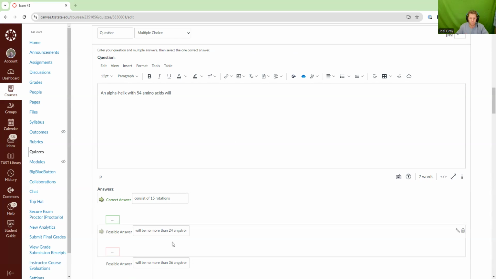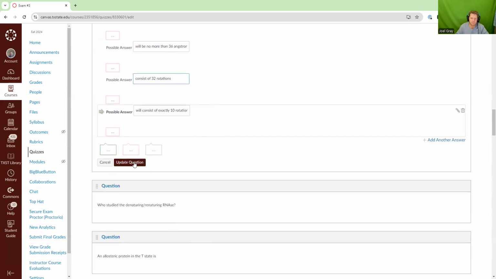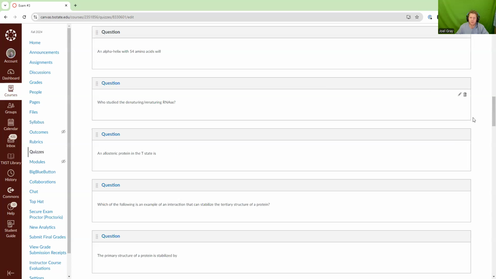So that would be 81 angstroms tall. So the answer will be no more than 24 angstroms tall is wrong. Will be no more than 36 angstroms tall, that's also wrong. Will consist of 32 rotations, that's also wrong. I'm going to update this, but this is coded correctly.